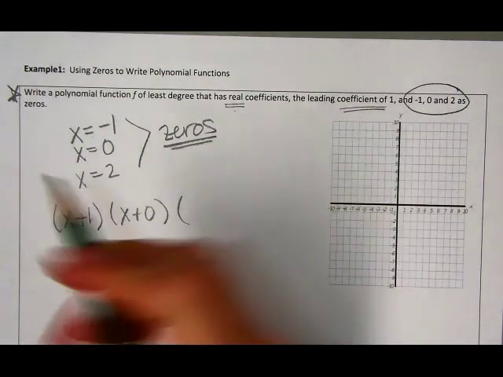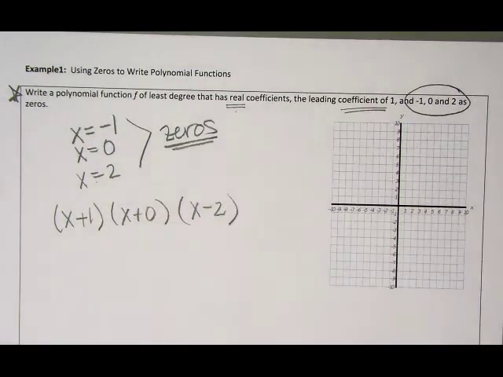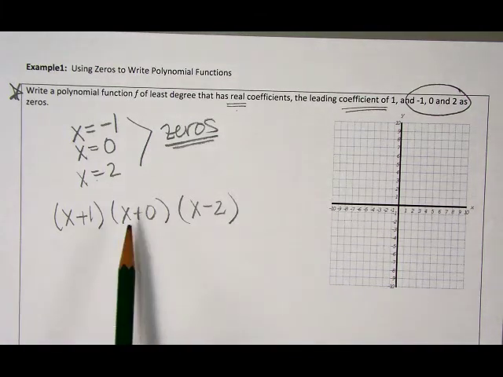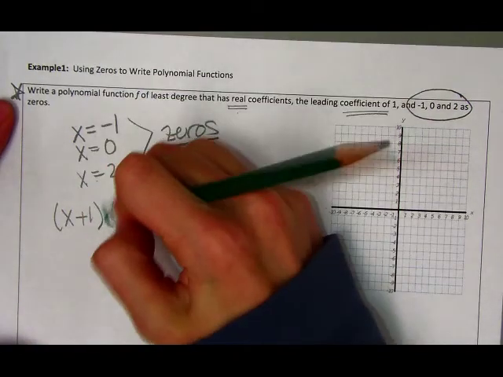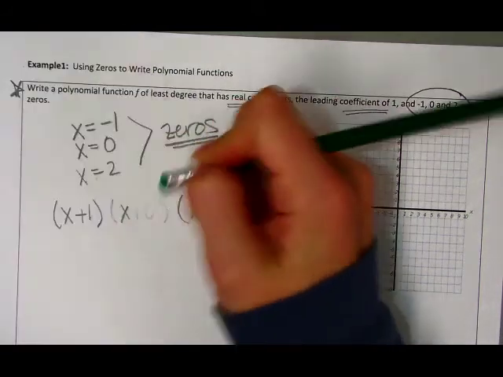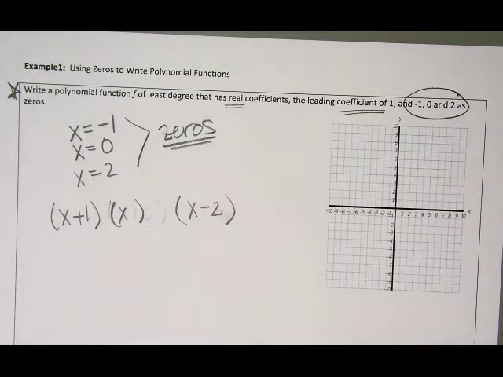And we also know that x is equal to 2 gives us x minus 2 as a factor. So from our zeros, we can pull out what our factors are. A quick thing: x plus 0 is the same thing as just x. So if we wanted to, x plus 0 can be its own group.